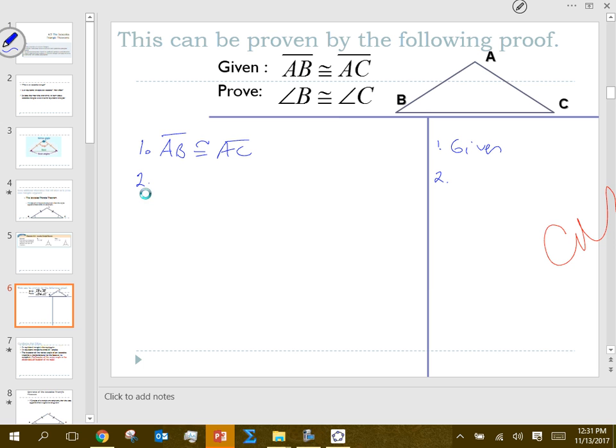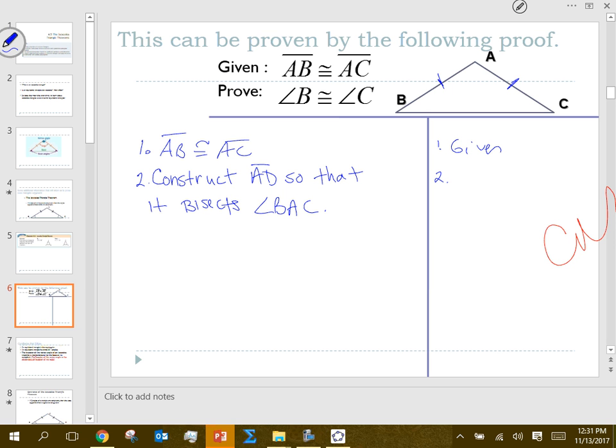Step 2 is something that you probably don't know to do, but after you see this a couple times, you will know to do this. We're going to construct segment, let's call it AD, so that it bisects angle BAC.